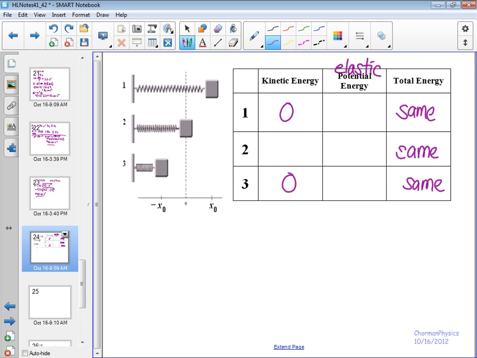If the spring is not stretched, no energy is stored in the spring. Therefore, the potential energy at the equilibrium position is also 0. So we can basically fill in the blanks here: the potential energy at the amplitude is at its maximum, and therefore the velocity is at a maximum at the equilibrium position, so the kinetic energy is at a max at that position as well.